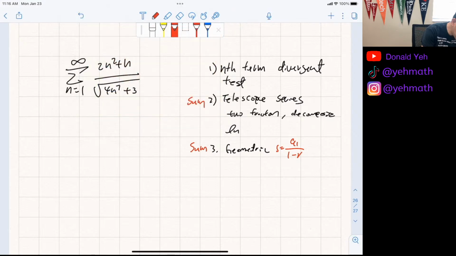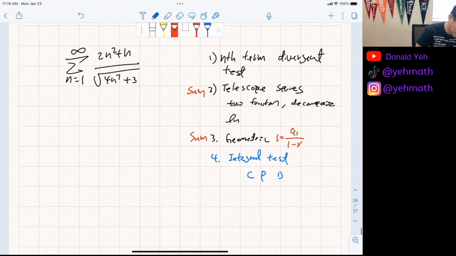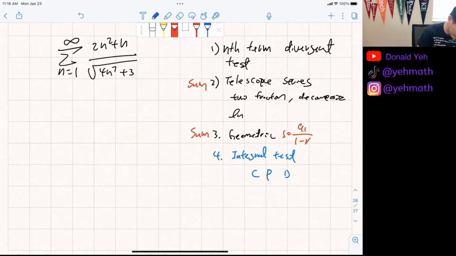The four things we learned, I just want to review. The first is the integral test, and an integral test must have three conditions: continuous, positive, and decreasing. With the integral test you can get very close to the sum, but it's not the actual sum.